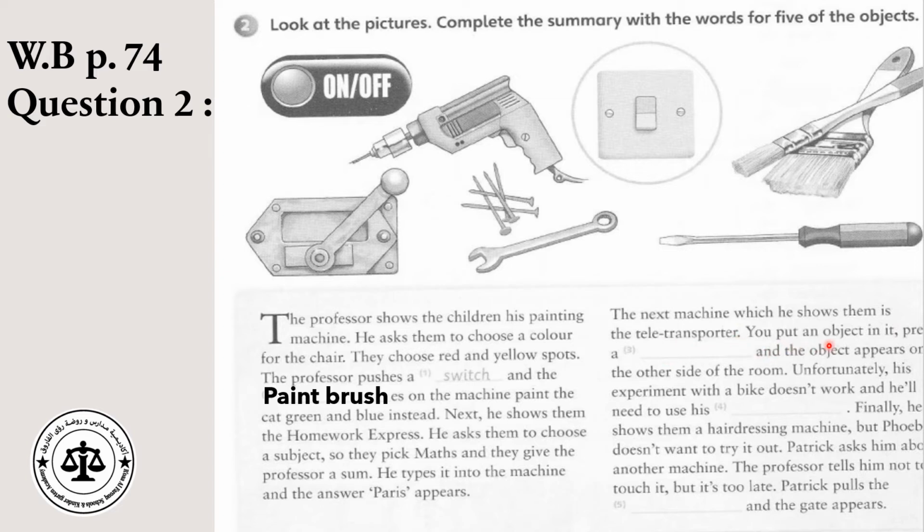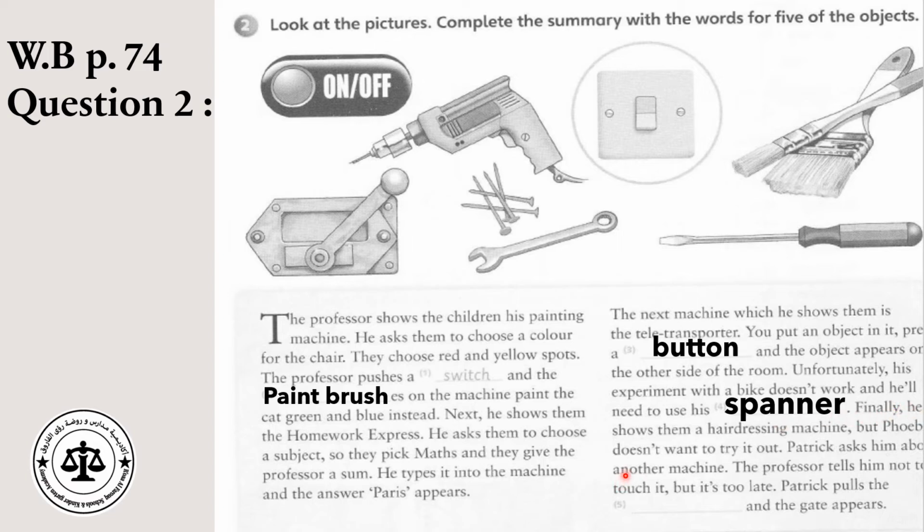You put an object in it, press a button, and the object appears on the other side of the room. Unfortunately, his experiment with a bike doesn't work, and he will need to use his spanner.